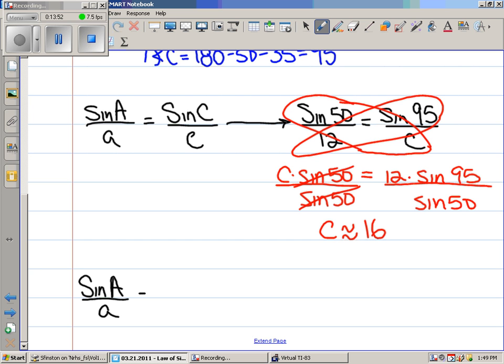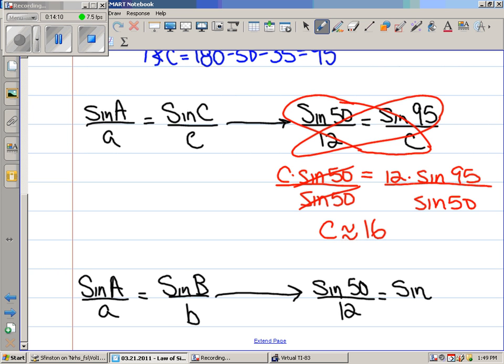You have to find the other angle. So it's the sine of A over A equal to the sine of B over B. Same deal. Sine 50 over 12 equals the sine of, how much is B worth? I think B is 35.